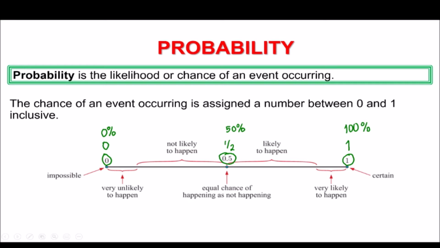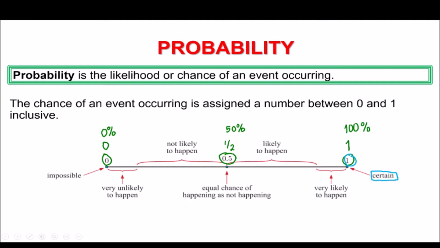Now, what do these numbers mean? If something has a probability of 1, then we can say that there is a strong chance that the event will occur, or we can say that we are certain that this event will occur.